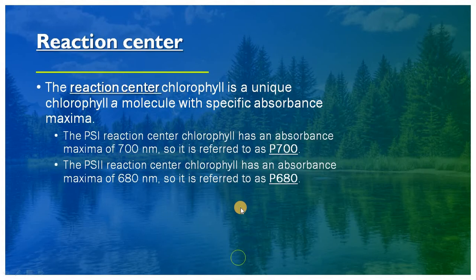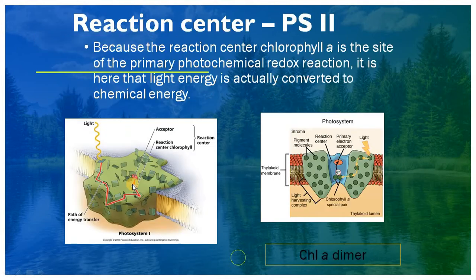And always in the reaction center, in the photosystem 1, as we mentioned, they absorb light of 700 nanometers, and in the photosystem 2, the reaction center is absorbing light from 780 nanometers. So right here in the middle of the reaction center, you actually have two molecules of chlorophyll called chlorophyll dimer.